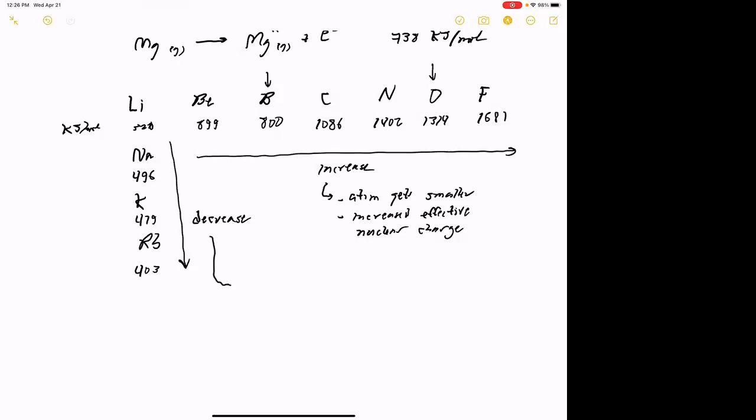Now, what about the decrease as we move from top to bottom? Well, again, first thing is the atom's getting bigger. So what that means is that in general, the outermost electron is moving farther away from the nucleus. So if it moves farther away from the nucleus, there's going to be less of a pull on it, okay? And also we can fall back on the other argument that we made before, which is that we're getting increased shielding by layers of core electrons.